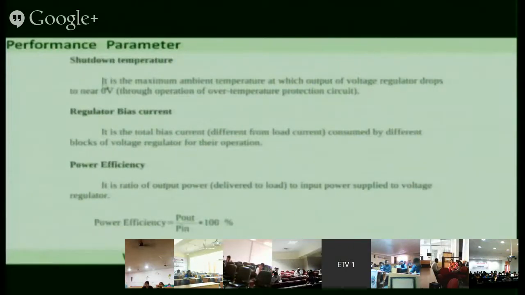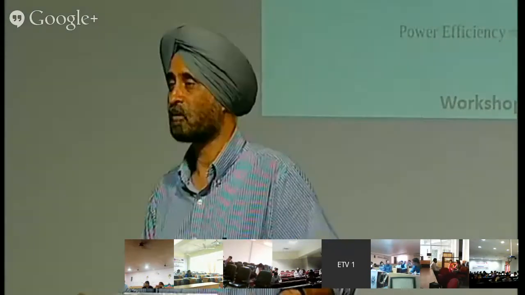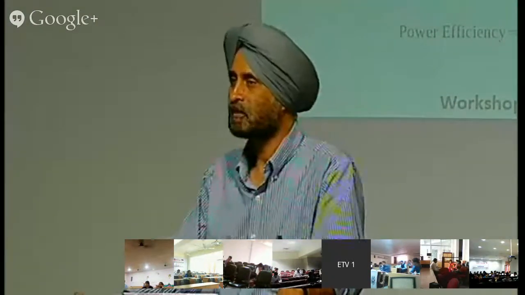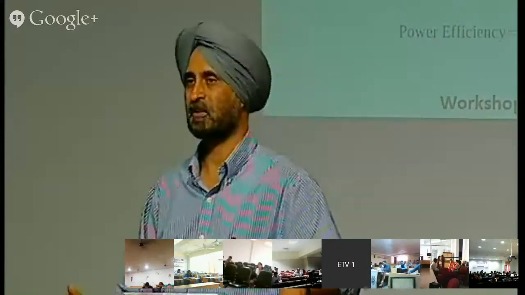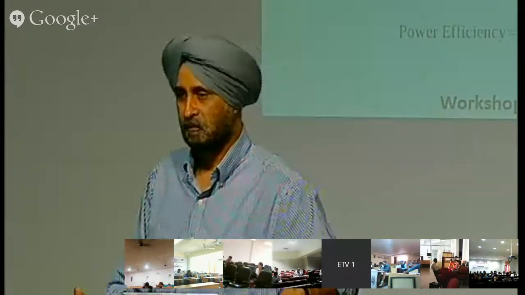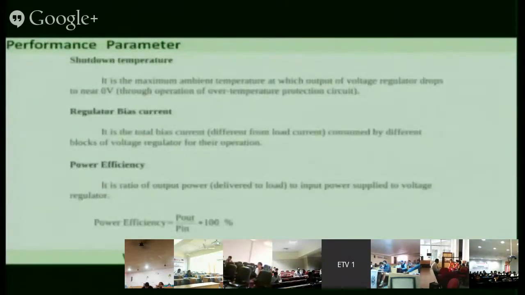We will see all these currents. Then there is shutdown temperature. Shutdown temperature means that if the temperature of the chip increases, the chip should shut down automatically. In our case, we decided that the shutdown temperature should be 140 degrees centigrade.